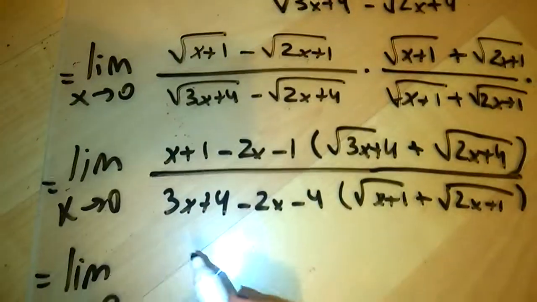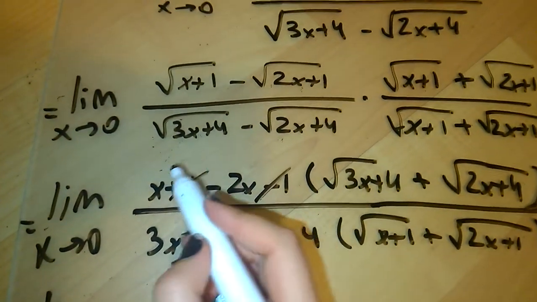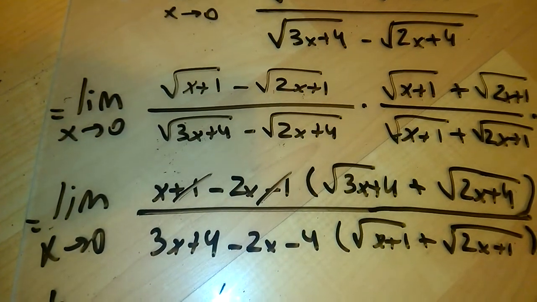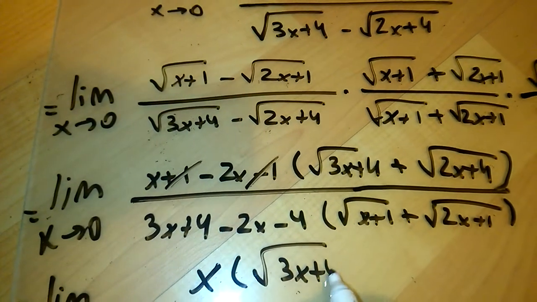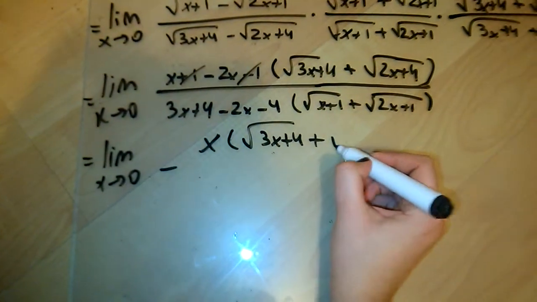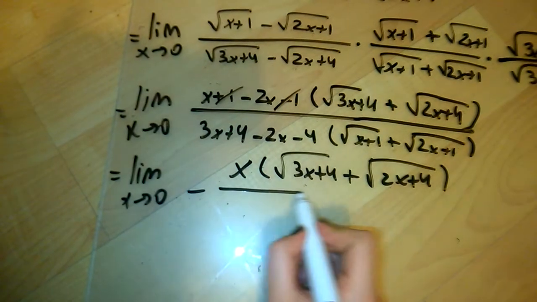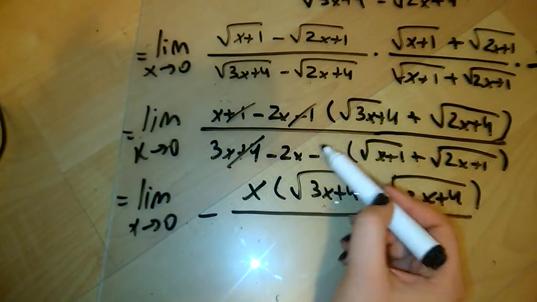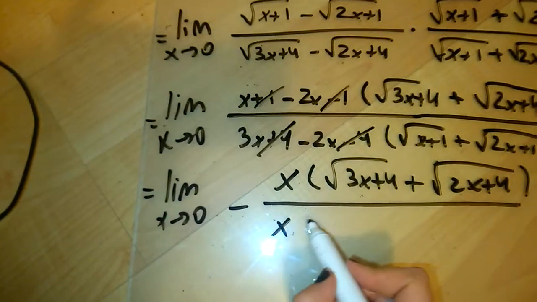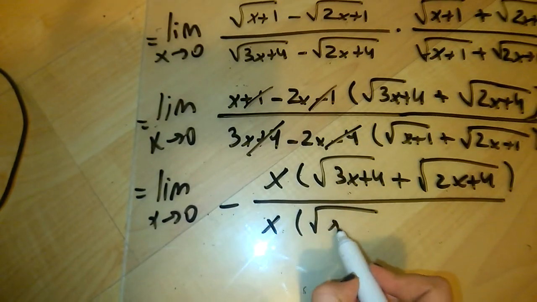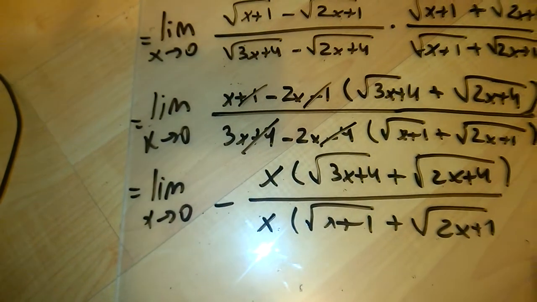The plus 1 and the minus 1 will cancel, and x minus 2x is negative x, times the square root of 3x plus 4 plus the square root of 2x plus 4, over, and now the plus 4 and the minus 4 cancel, and 3x minus 2x is x, times the square root of x plus 1 plus the square root of 2x plus 1.